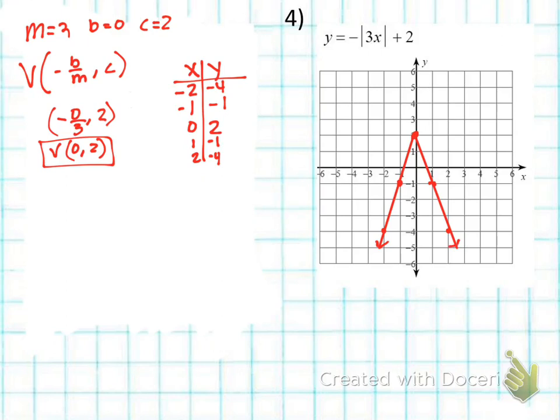All right, and the last check you want to do, you want to ask yourself, does my graph look symmetrical? Yes. Okay, it has to look even. If it doesn't look like an even symmetrical graph, then it's wrong.